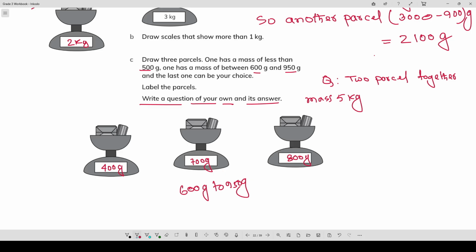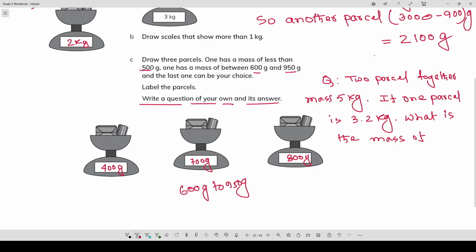If one parcel is 3.2 kg, what is the mass of the other? Okay, this is my question.